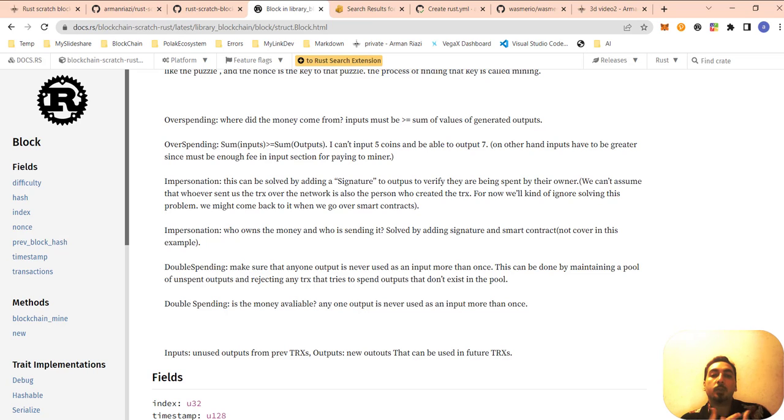And you can join the project and contribute in the reward section.